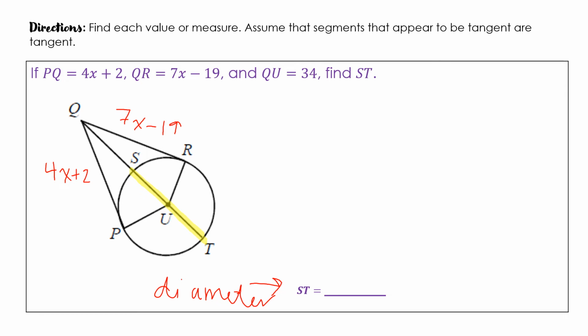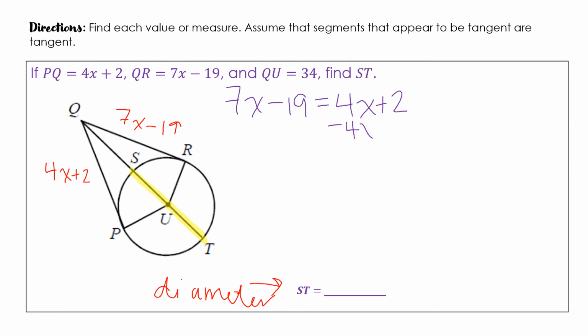What I do know is that since QP and QR are tangents that meet at point Q, then I know their lengths are congruent. So the first thing I'm going to do is set 7x minus 19 equal to 4x plus 2, and I'm going to solve to give me x, which will then give me actual lengths of QP and QR. Then I'll use that to find more.